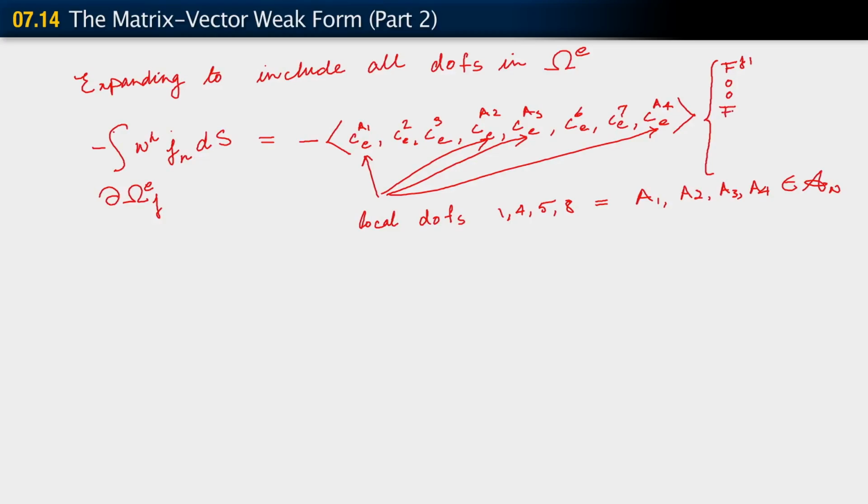It would have a non-zero contribution for fj4, also fj5, 0 for 6 and 7, and a non-zero contribution for fj8. Okay? So this is the particular example I'm considering in actually constructing the final matrix vector form, right? In this case, we use only vectors.